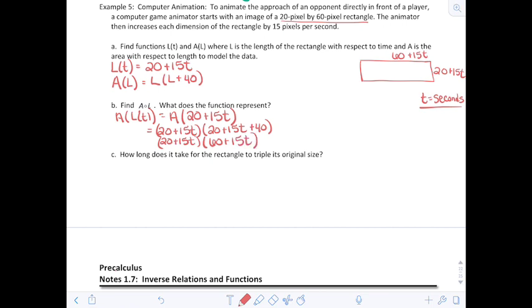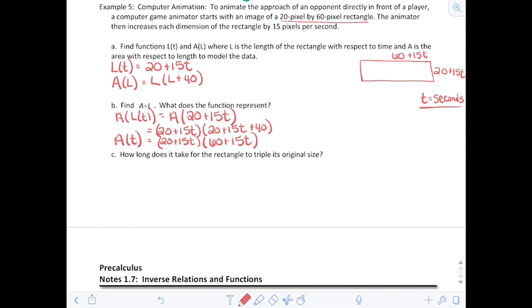So we can see what that gives us. Now I'm going to FOIL this out for us here in a second, but that basically is giving us area based on time, using length, but how the overall area changes based on time.